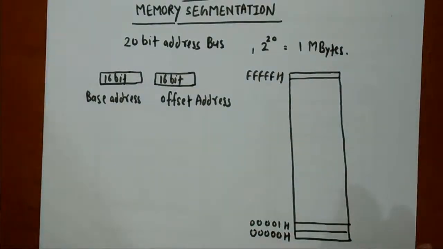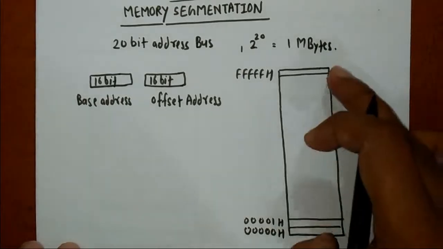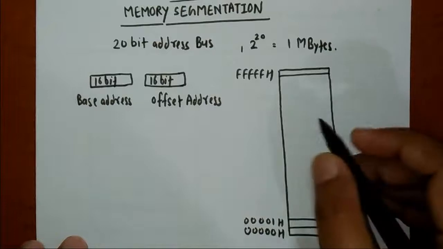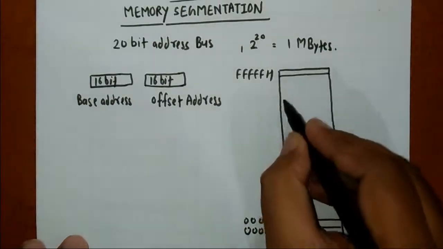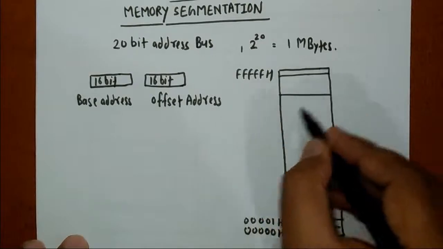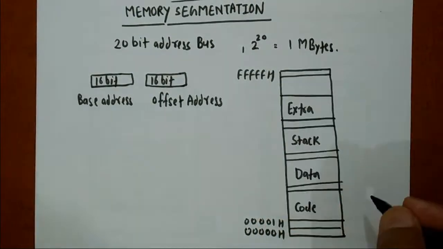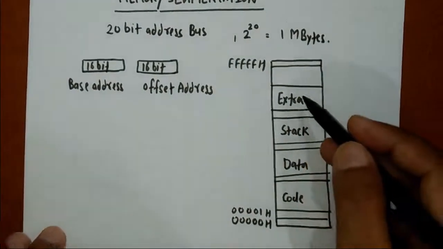Now let's talk about memory segmentation. This is the total 1 megabyte of memory that the 8086 microprocessor can access, but the microprocessor can access this memory in 4 segments only, and those are code segment, data segment, stack segment, and extra segment.